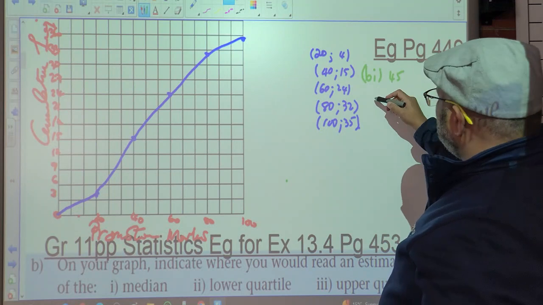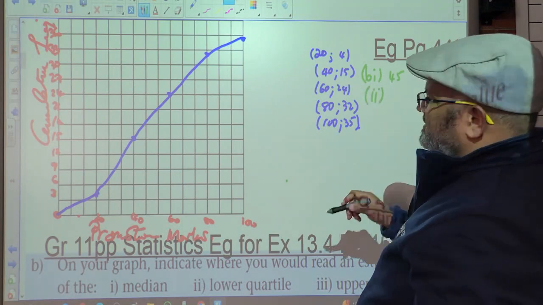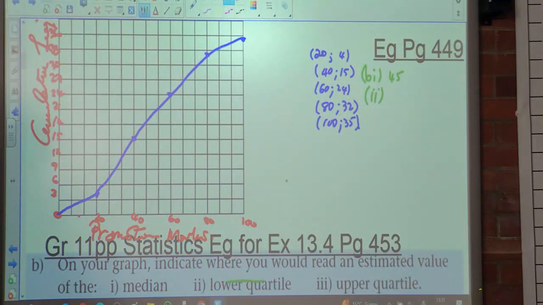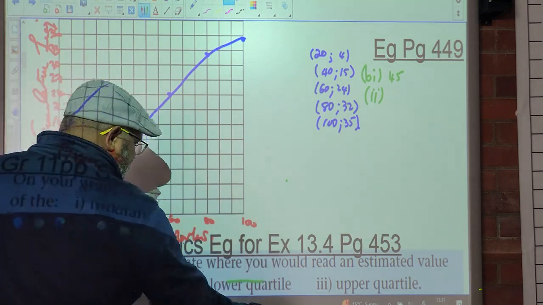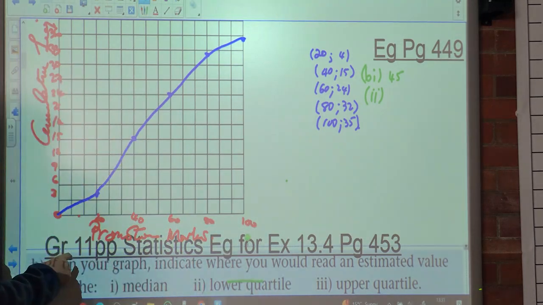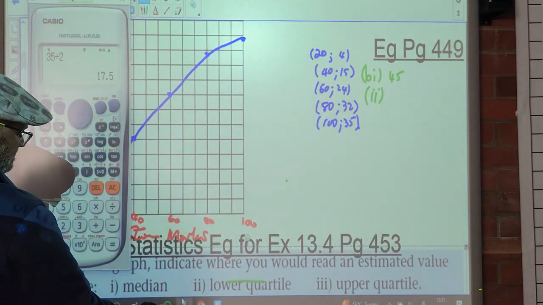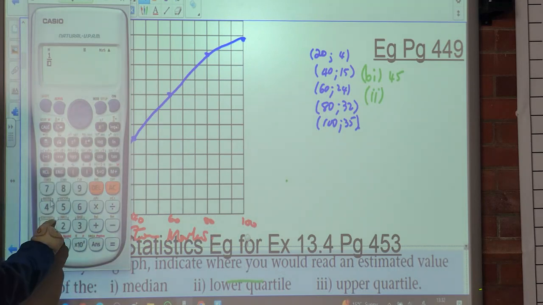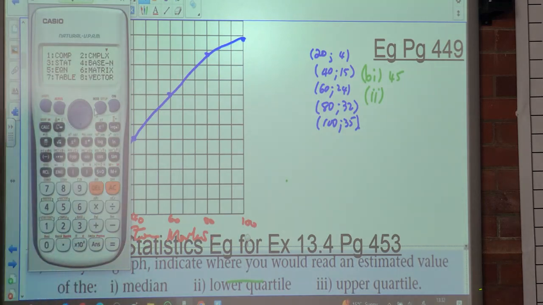Let's go with number 2, the lower quartile. Now, the lower quartile is 1/4 of 35. Can you see that, people? So it's going to be a quarter. A quarter times 35 gives us 8.75.